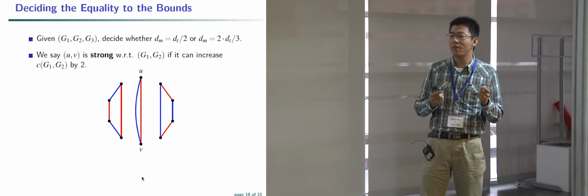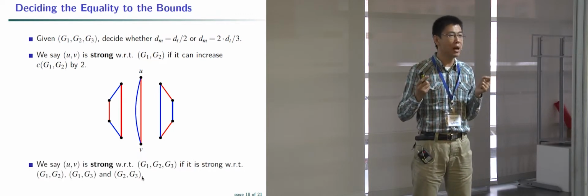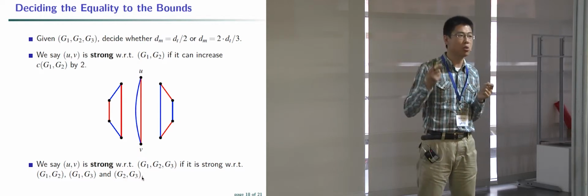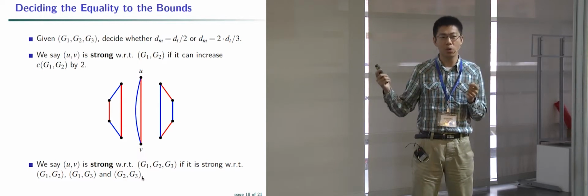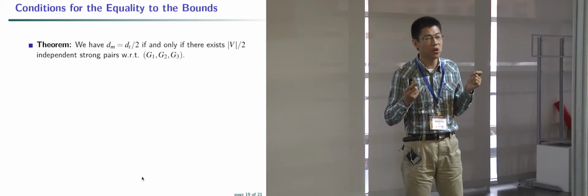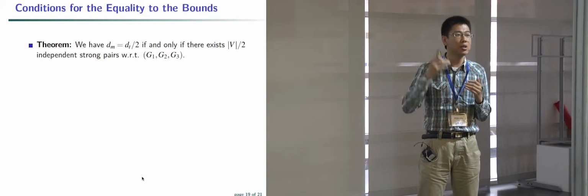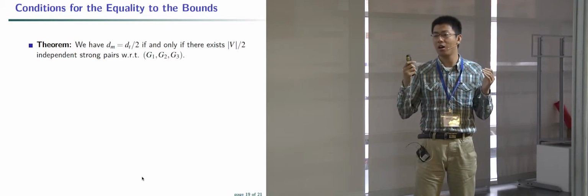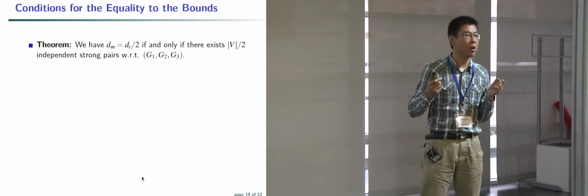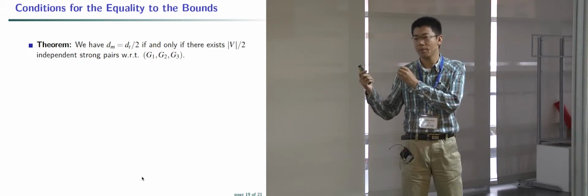And we say UV is strong with respect to G1, G2, G3 if it is strong with respect to G1 and G2, G1 and G3, and G2 and G3. And we have the following two results. First, the median distance can reach its lower bound if there are V/2 independent strong edges.